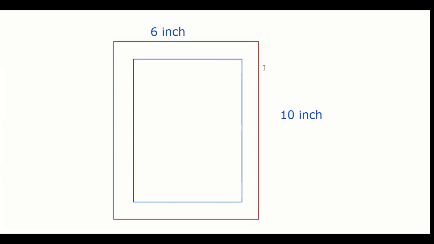And the length of this red frame is 10 inch. Can you tell me what is the area of the full red frame? How do we find area? I already told you. Just the area of the full red frame.